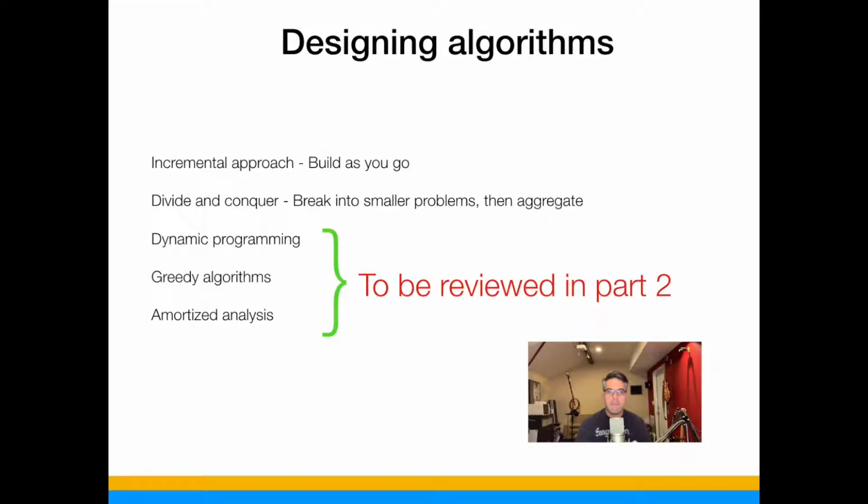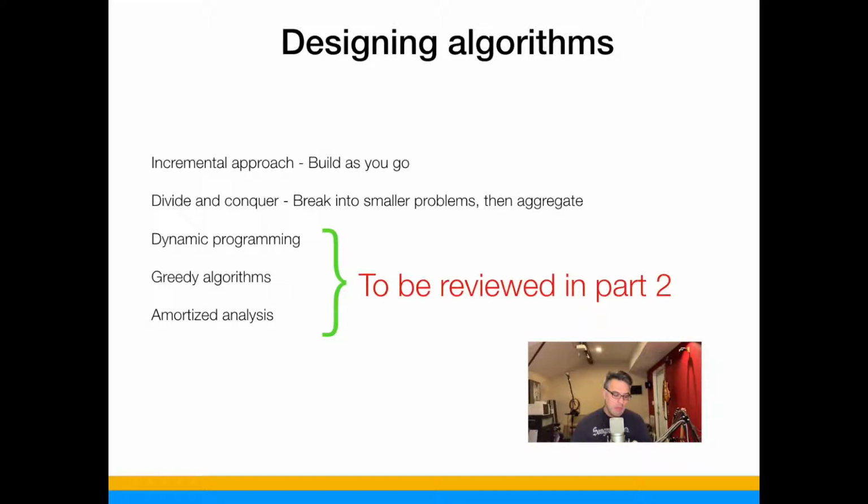So then we're going to review a couple of design algorithm approaches. And one is the incremental approach, which is something that we've been doing without any particular name. It means that as you are understanding and solving the algorithm, you are going to be building a better algorithm each time. And the other algorithm strategy is going to be divide and conquer.